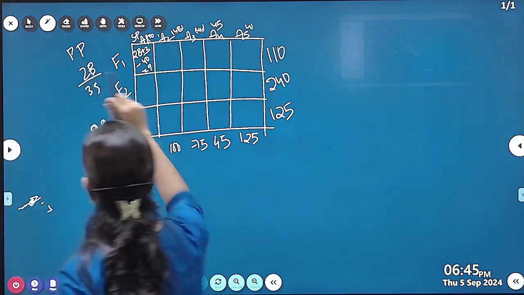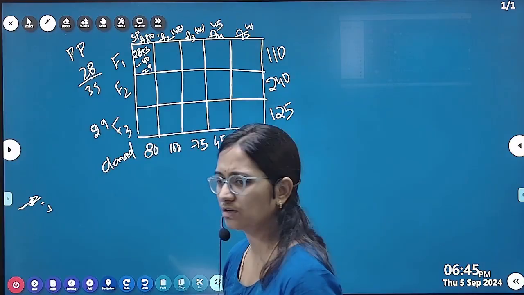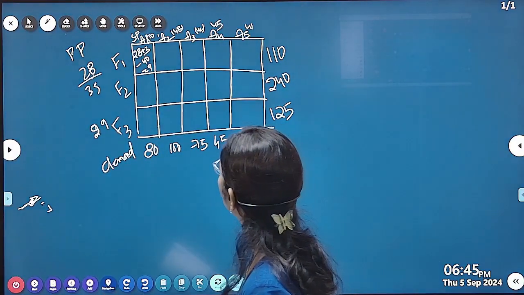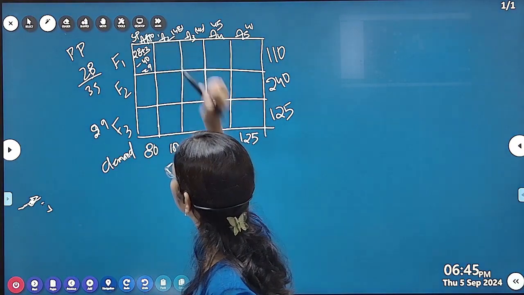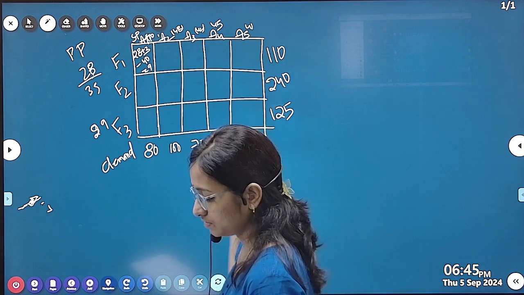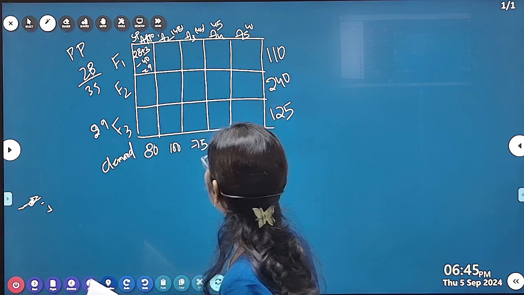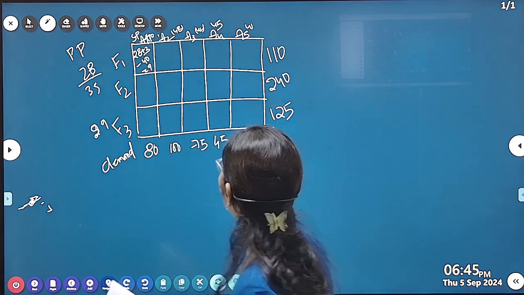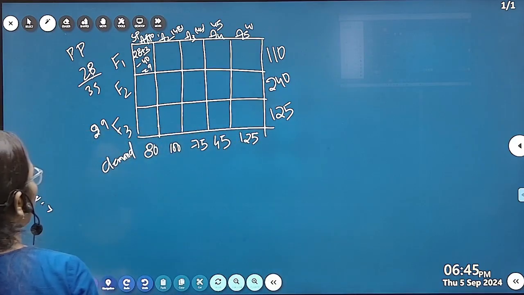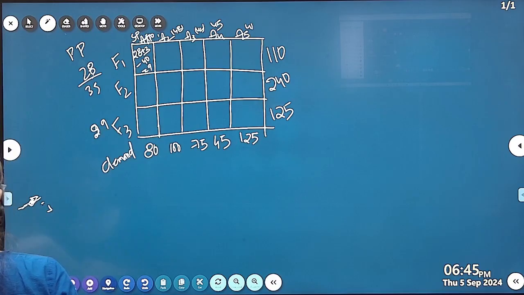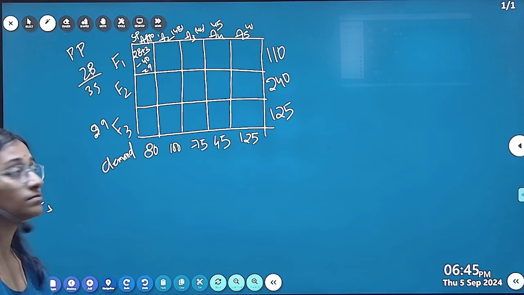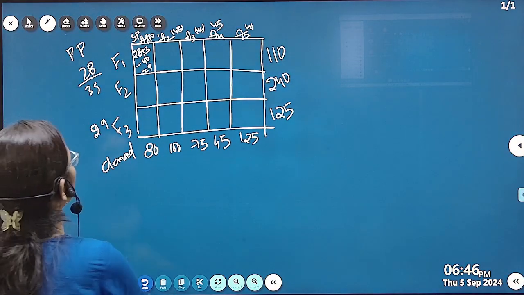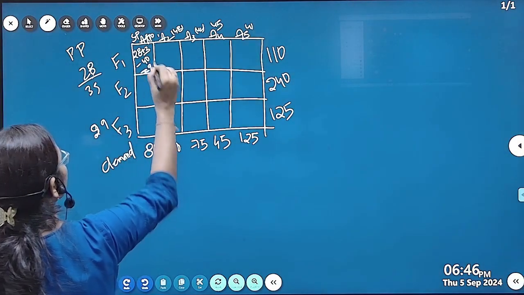Ma'am, what is the price of A1? The price of A1 is 40. A2's is 48, A3's is 42, next 45 and next 41. Ma'am, should I write -9 or +9? It's equal to 9.